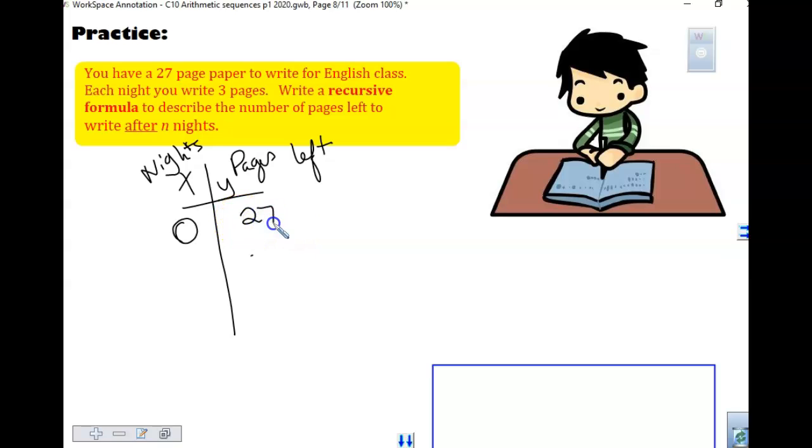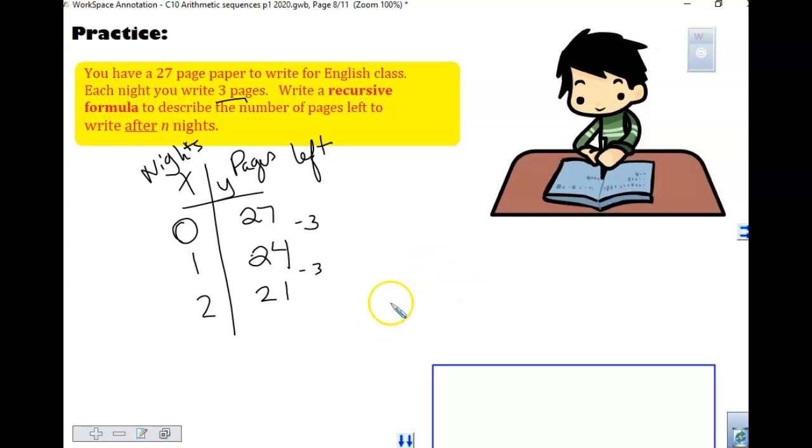You had 27 pages to write, right? But after the first night, how many do you have left to write? 24, right? Because you took off 3. And then the second night, you'd have 21 because you wrote 3 more pages, right?